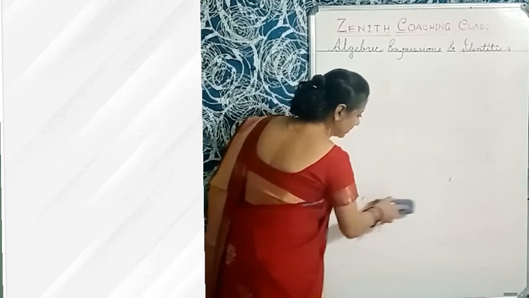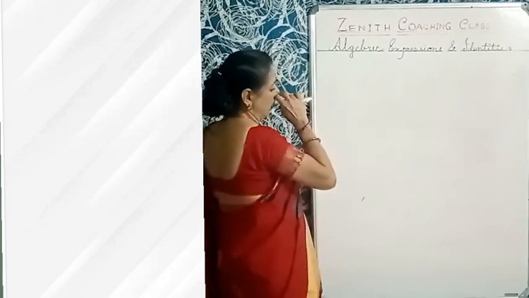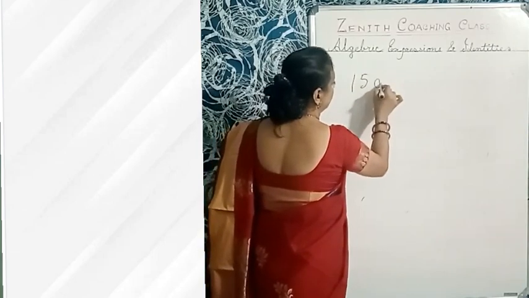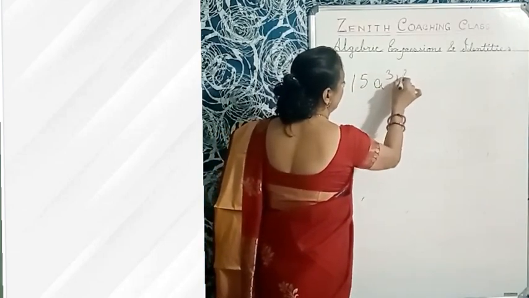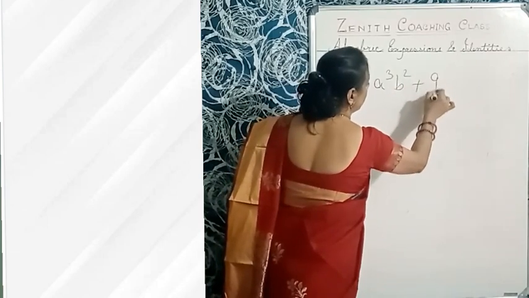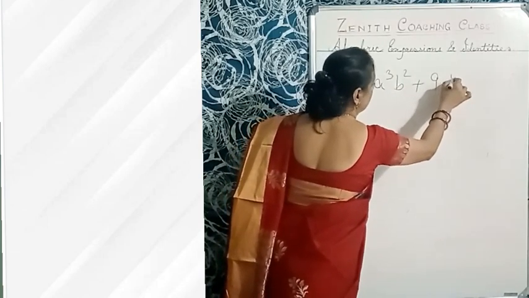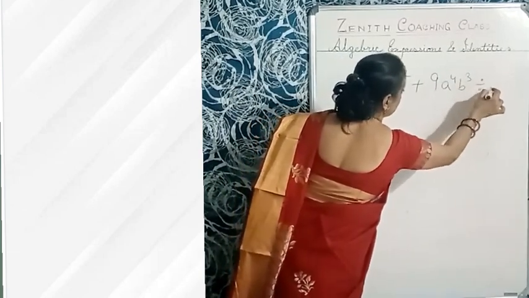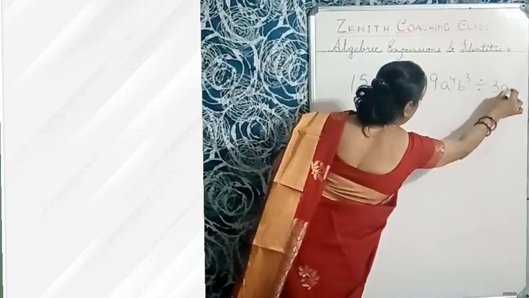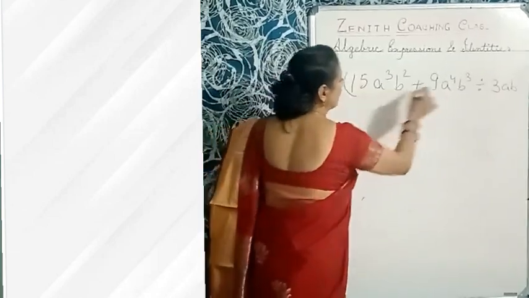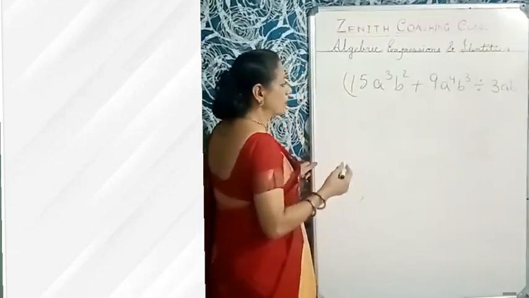Okay. So now here is 15a cube b square plus 9a to the power 4 b cube divided by 3ab. Ma'am, where is the binomial? So what do we have to do?